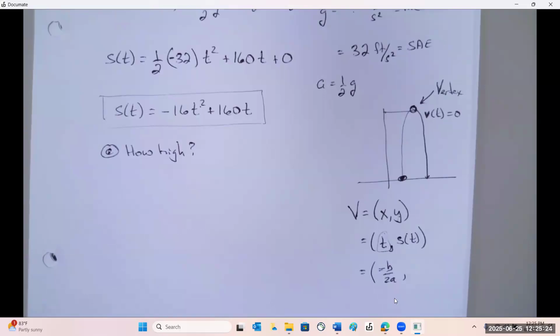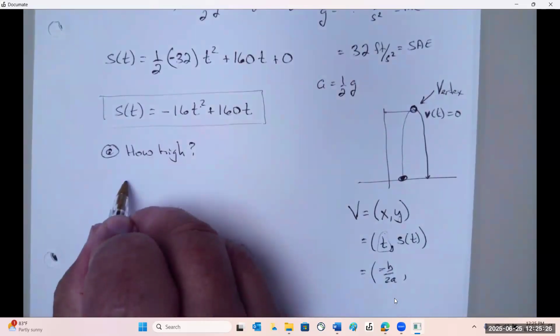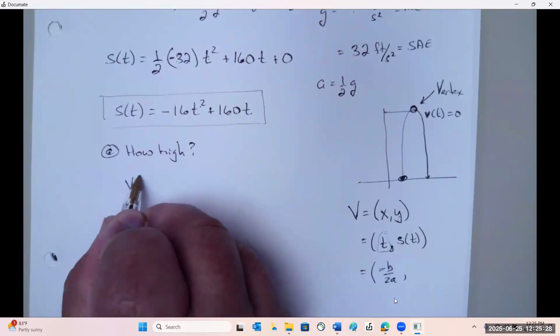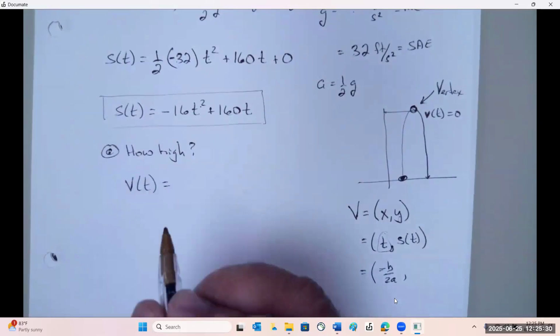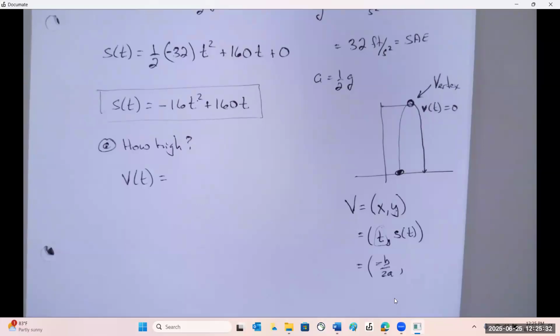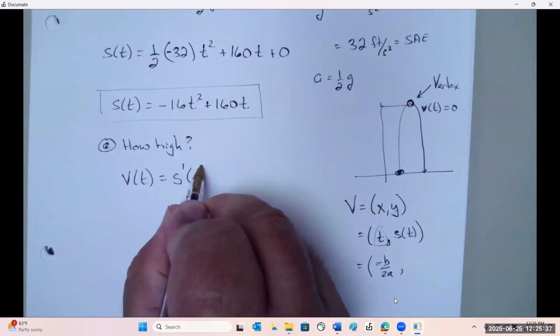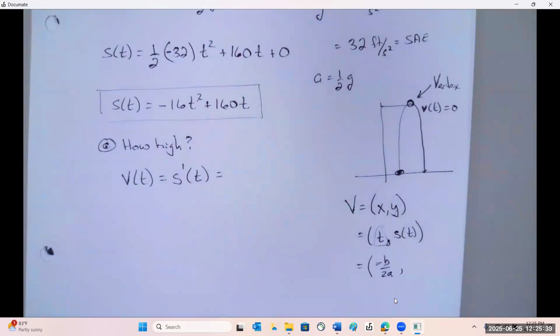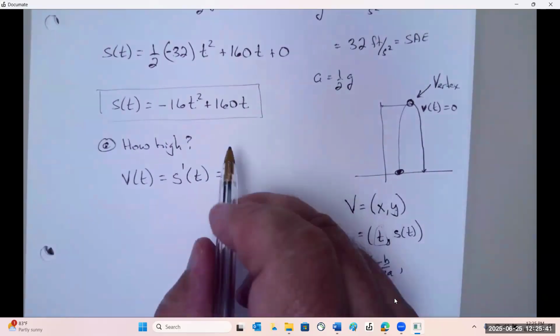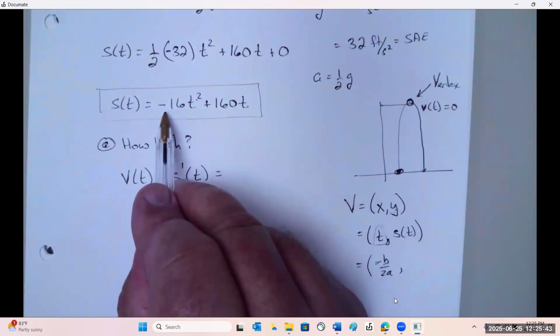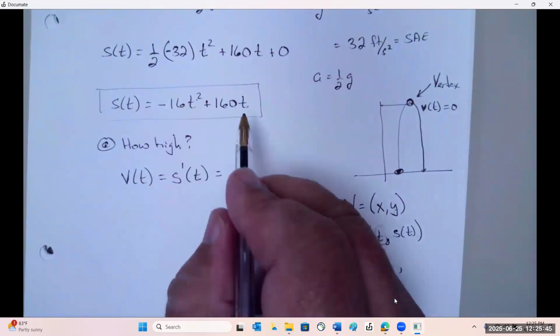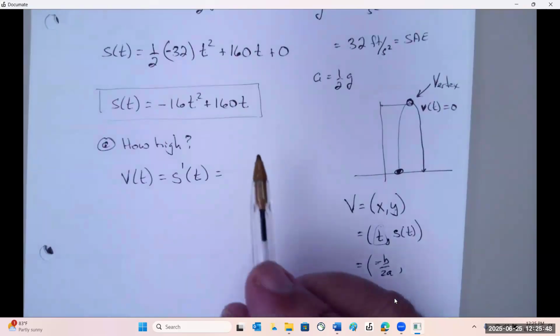Let's go and figure this out. So let's find the velocity. How do we find the velocity? It's the first derivative of our position function. So if our position function is negative 16t squared plus 160t, what's our first derivative of that?